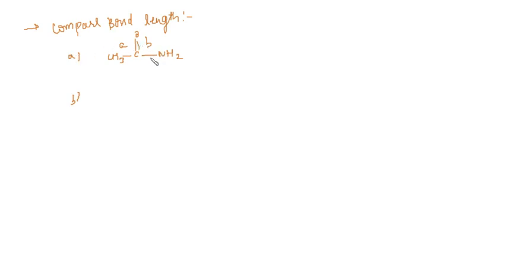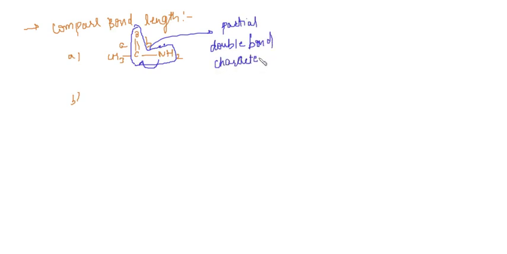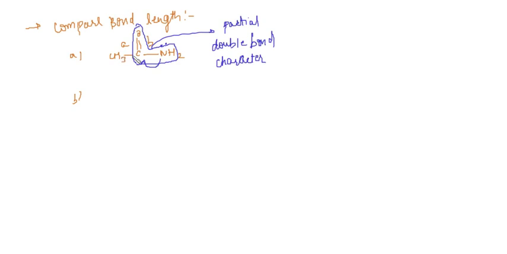We know this nitrogen is in conjugation with C because this is a conjugating structure, so this bond has partial double bond character. When there is partial double bond character, the bond length reduces. So if we compare the bond length, A is greater than B.